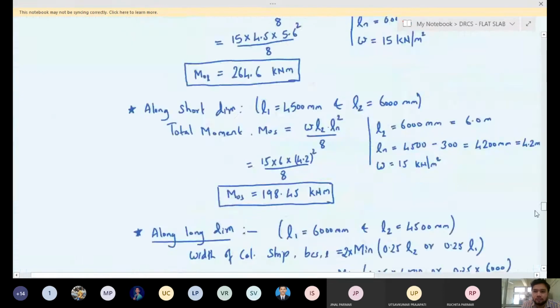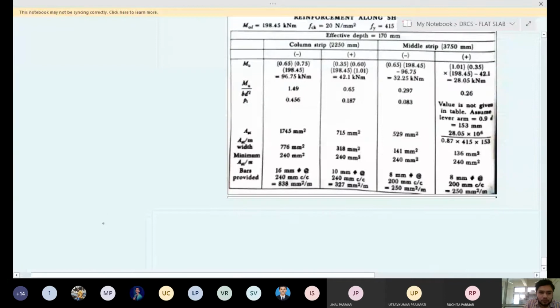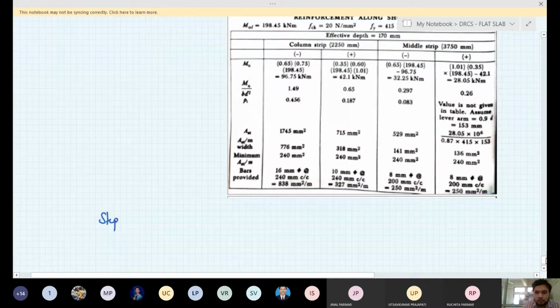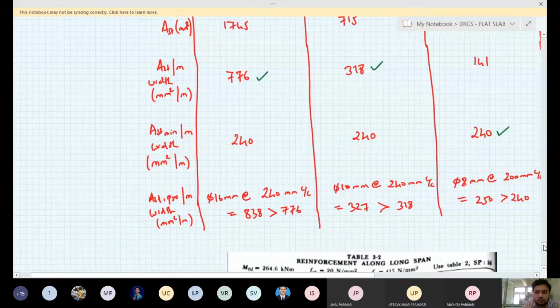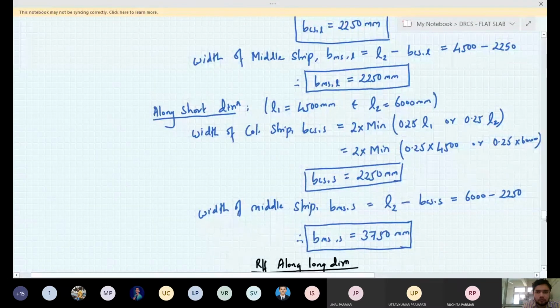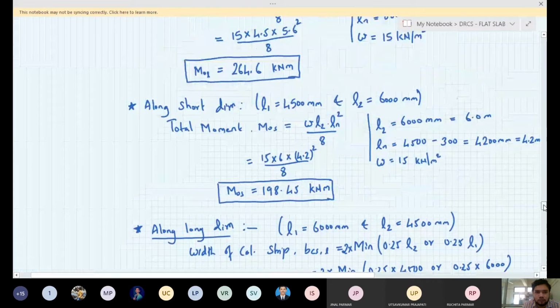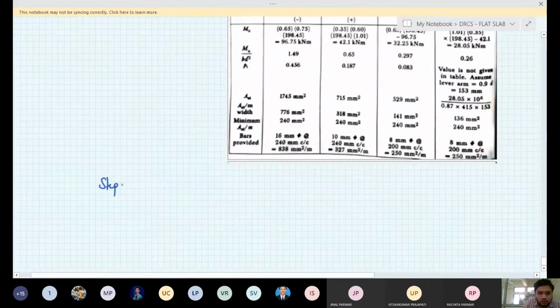So let's find the unbalanced moment. Next step, step 4, transfer of moment in columns. We'll find the unbalanced moment.